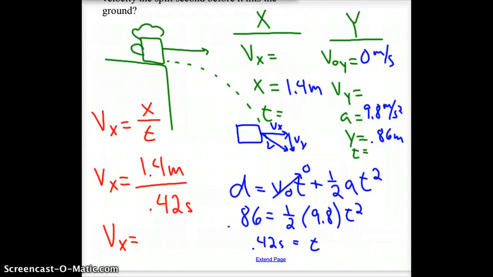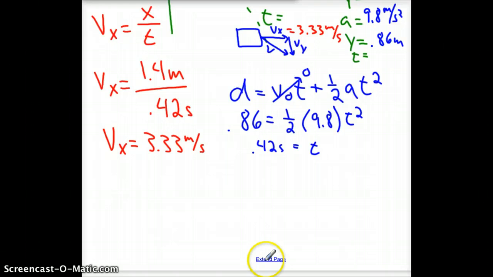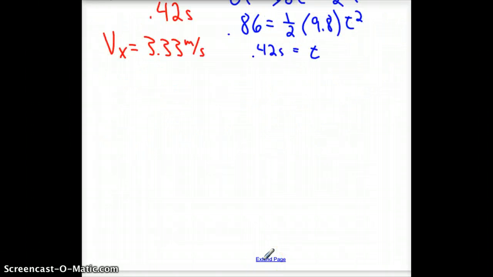And I get an initial velocity of 3.33 meters per second, which is the x velocity for the entire path. I'm actually going to redraw this parabola here and show that this is 3.33 meters per second.